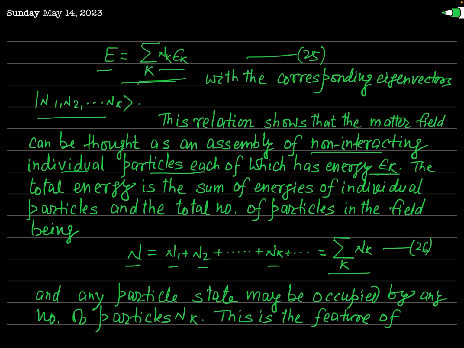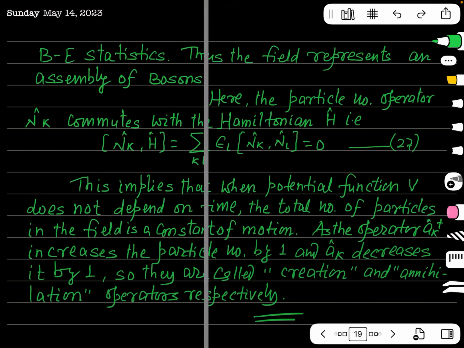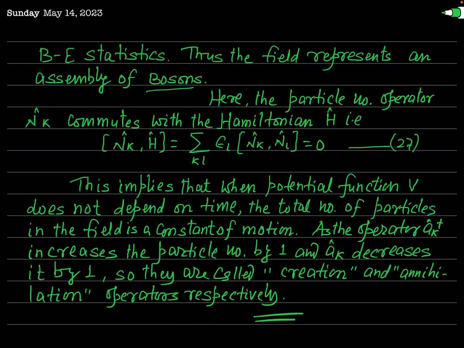So any number of particles may be in any quantum state, and this is the basic feature of Bose-Einstein statistics, or the basic feature of bosons. And so this field represents an assembly or system of bosons.